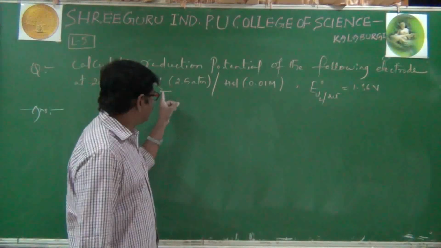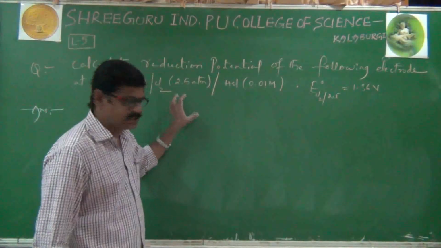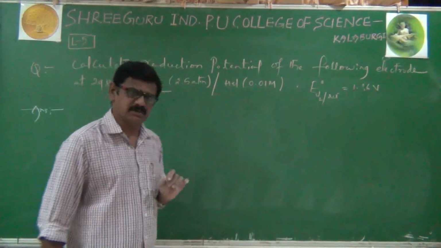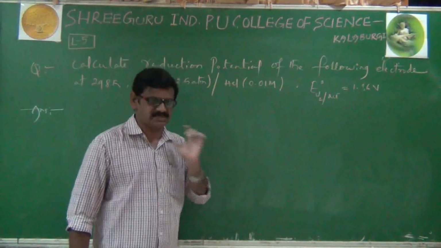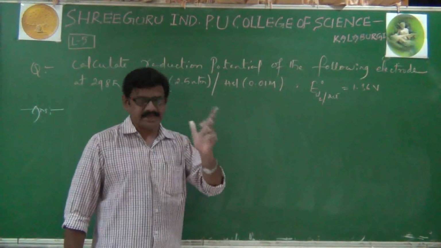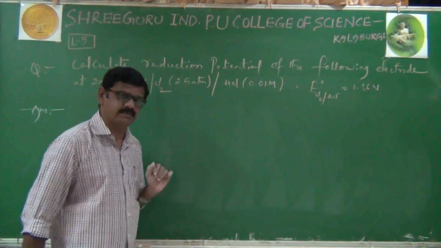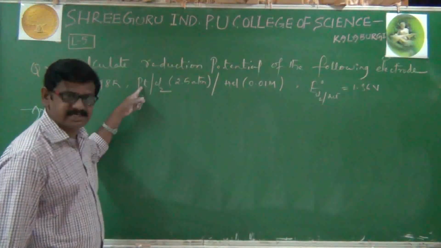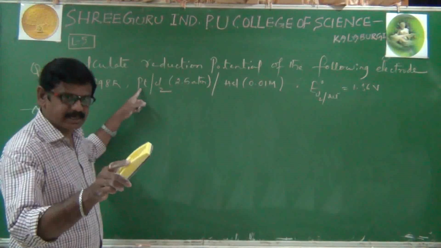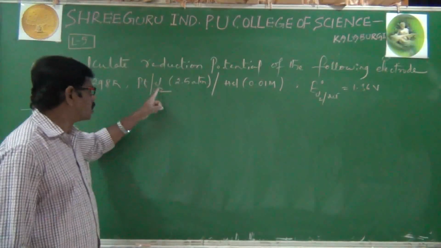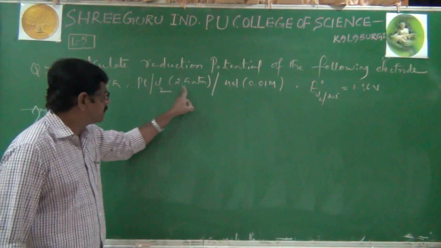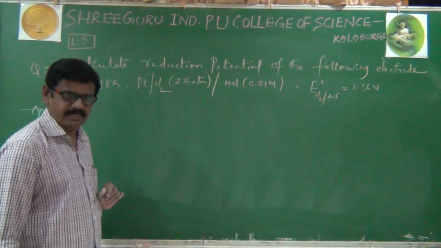If you observe the question particularly, it is a chlorine electrode. It is just like a SHE type, standard hydrogen electrode type, because it is also a gaseous electrode. That's why platinum metal has been taken. On that platinum metal, chlorine gas is sent at 2.5 atmospheres.